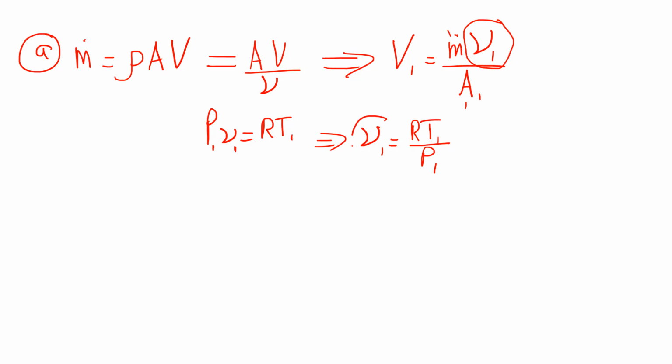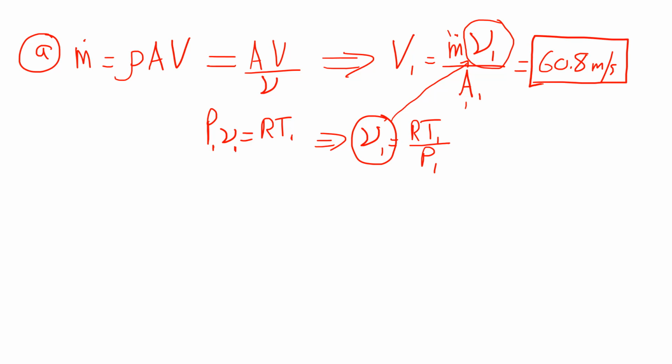So I can calculate my specific volume, plug it in, and I can calculate based on, I'm not going to go through the math in this video, but you can find out that the velocity is 60.8 meters per second.